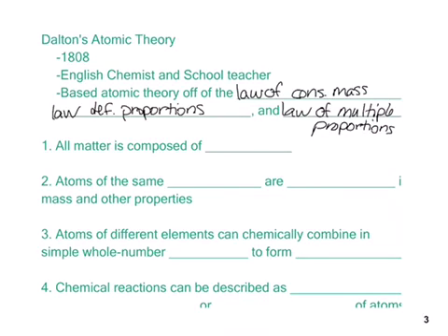So his theory said that all matter is composed of atoms, and that he got from Democritus. And he also said that atoms of the same element are identical when it comes to size, mass, and other properties. Atoms of different elements can chemically combine in simple whole number ratios to form compounds.